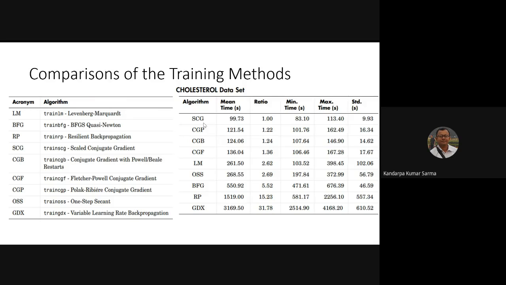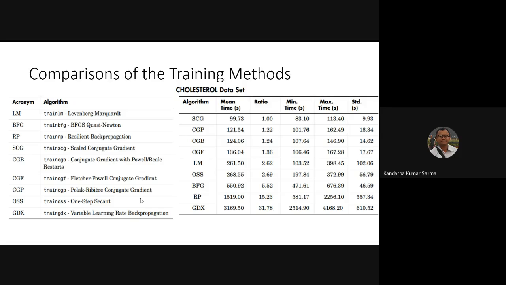methods, like the Levenberg Marquardt, then BFGS quasi-Newton, resilient backpropagation, scale conjugate gradient, then conjugate gradient with Powell-Beale restarts, Fletcher-Reeves conjugate gradient, Polak-Ribiere conjugate gradient, one-step secant, and variable learning rate backpropagation.